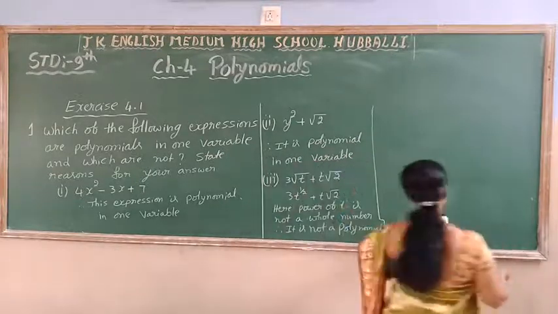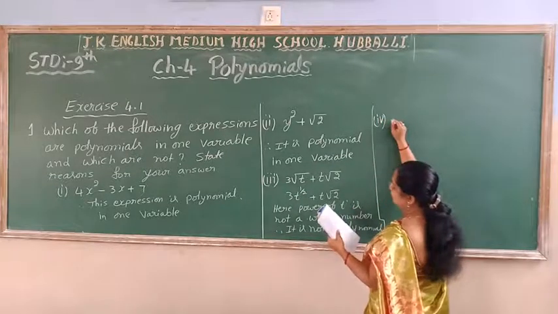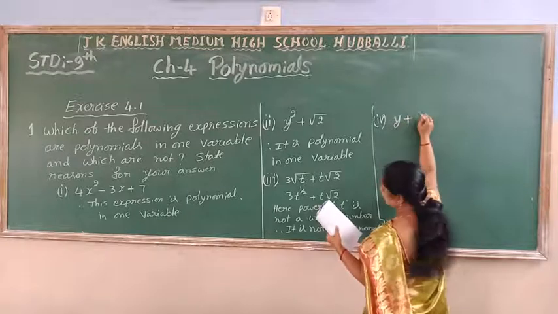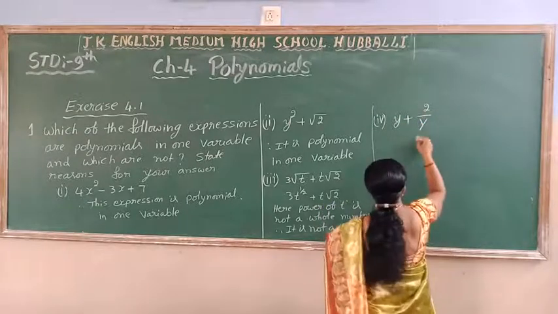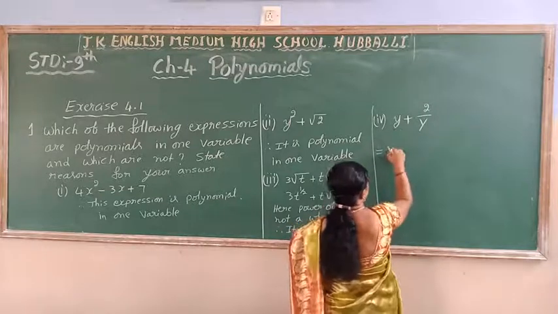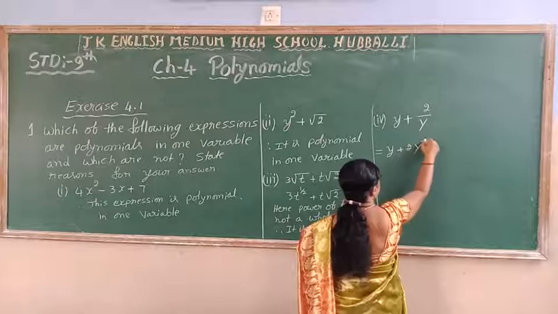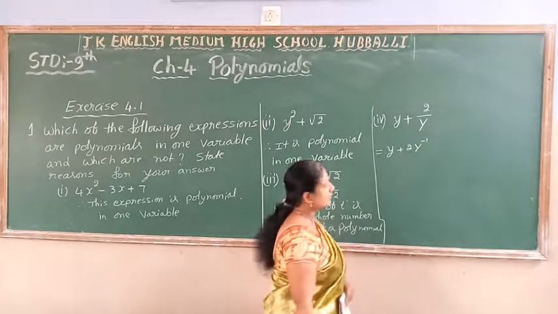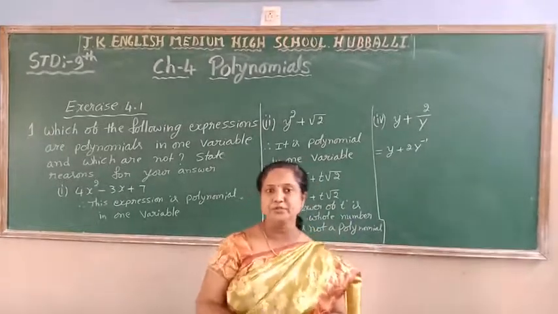Then the fourth one, y plus 2 by y. If you take y to the numerator, y to the power minus 1 it becomes. Here also one variable is used, but the power has become negative.